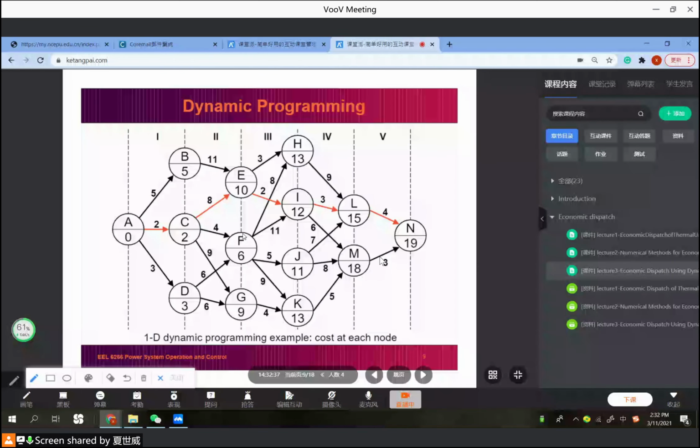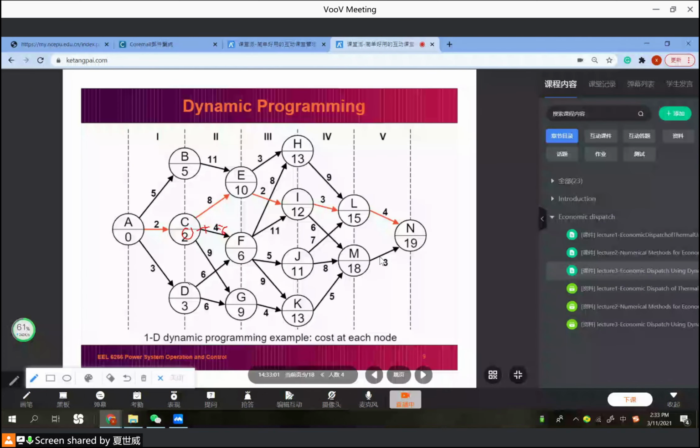if you travel to point F, this can be ACF or ADF. For ACF, the cost is this number plus this, so it's 2 plus 4 equals 6.